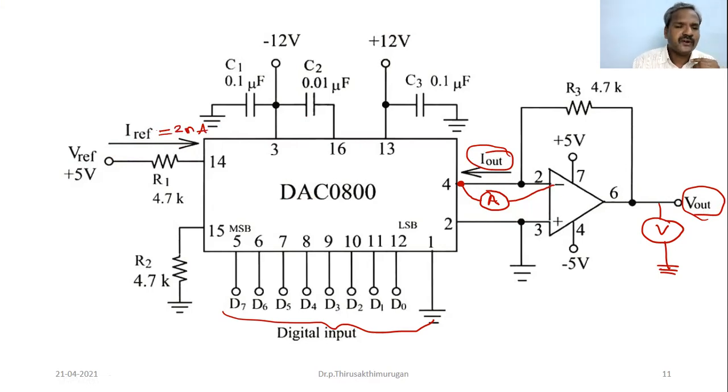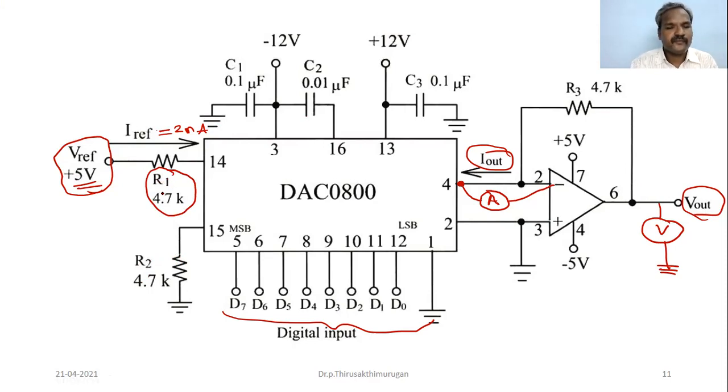Understand? So we start the conversion with the V reference of plus 5 volt. This is pin 15, called the reference voltage. Sorry, the reference resistor. I reference equals V reference divided by R reference. R1 is called the reference resistor.